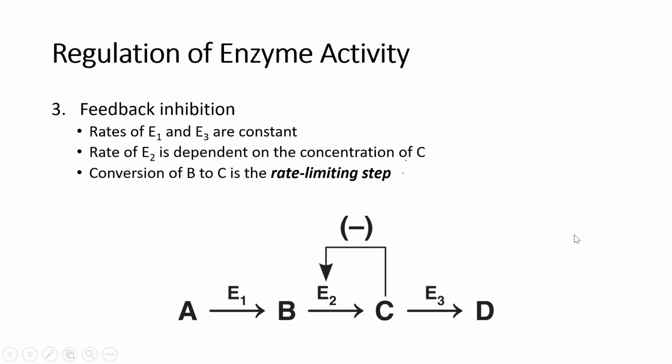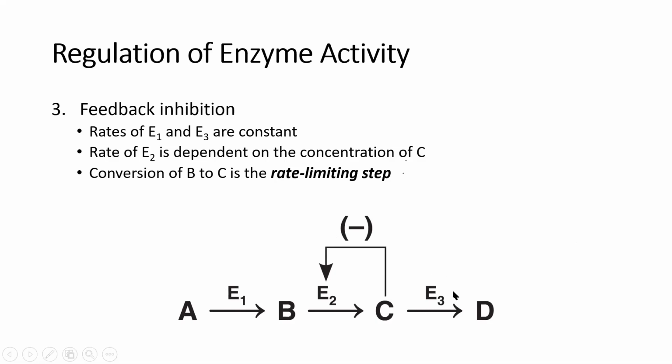The rate limiting step here is going to be the conversion of B to C, because this is the step that determines the overall rate of the reaction. That's what we mean by the rate limiting step of the reaction. So I'll say that again one more time. We've got the conversion of A to B, B to C, C to D, and that is being catalyzed by three enzymes: enzyme 1, enzyme 2, enzyme 3.